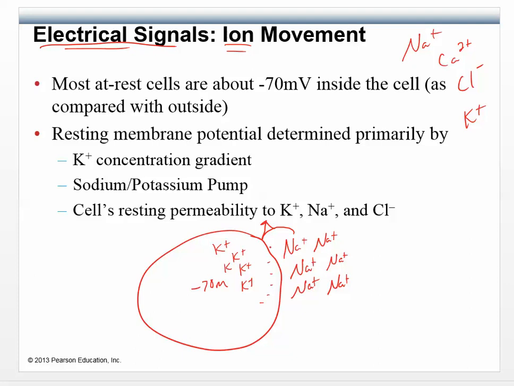But then if we step over here and we say, well, what about potassium? Well, potassium wants to move down its concentration gradient because it's a high concentration inside the cell, but it's also negatively charged in here, and so potassium's going to like that. It likes that it's minus 70. But if you measure the concentration of potassium in here, you can actually do a calculation.